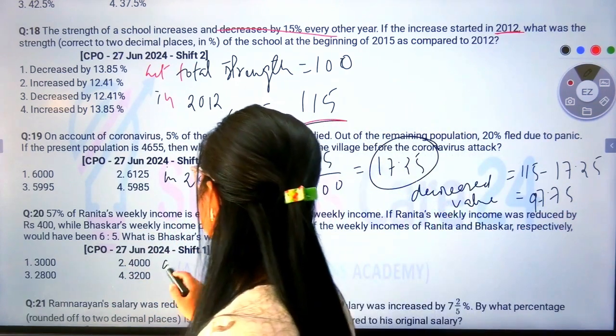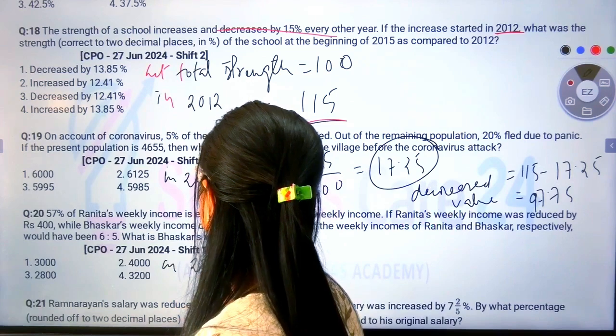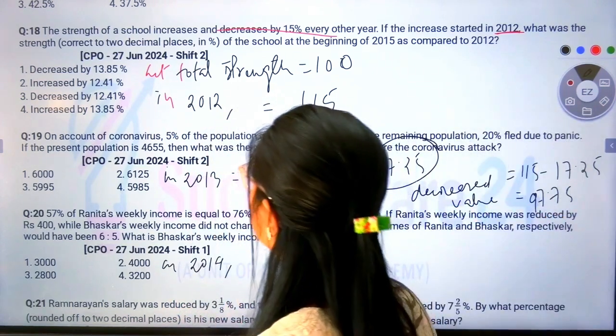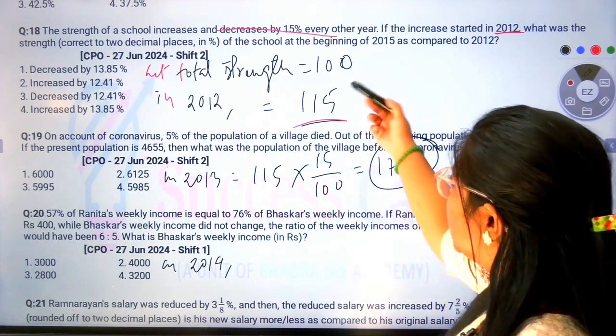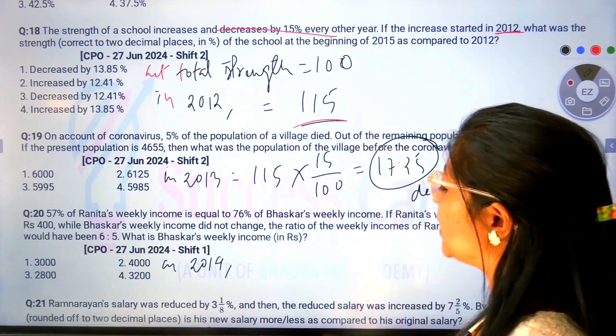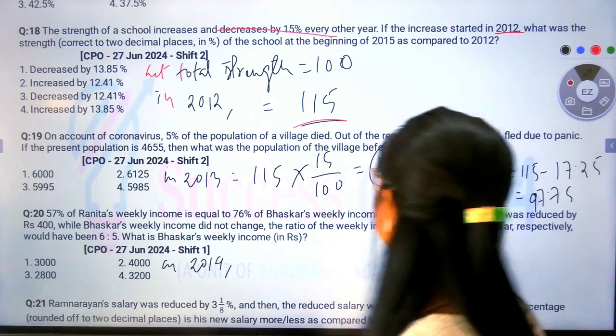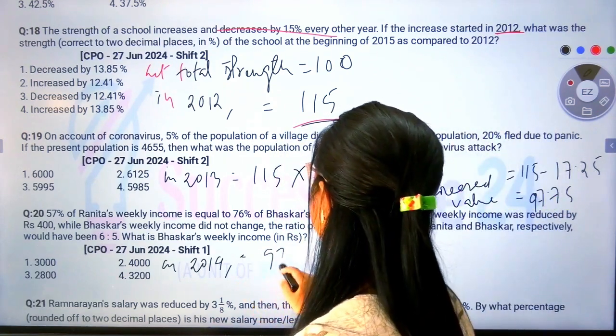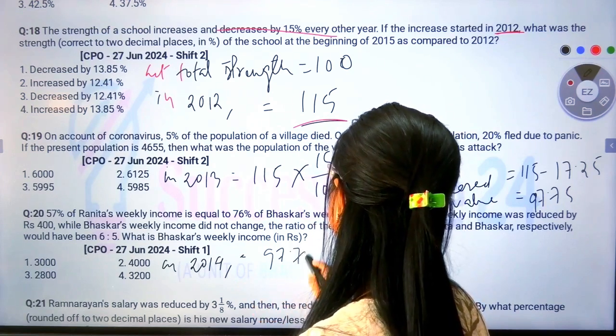Now again in 2014 the value would increase, because at first it increased, then in the next year it decreased, and again in 2014 it would get increased. Increased by how much? 15%. So 15% of 97.75 would give you how much?